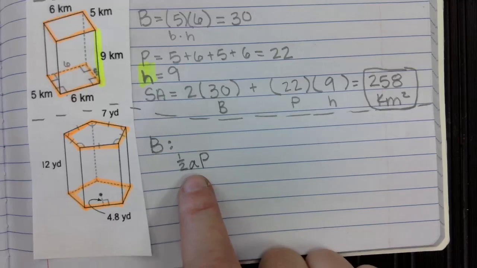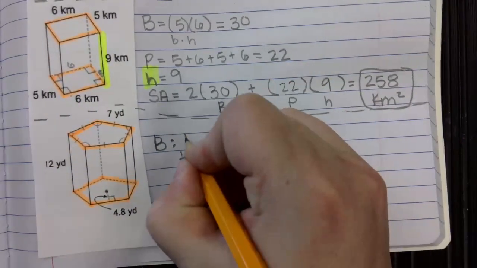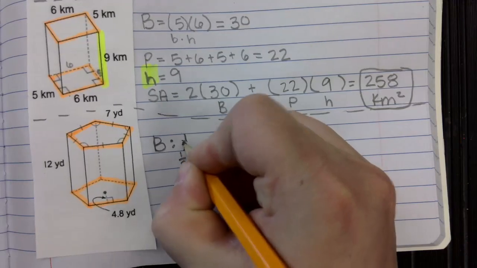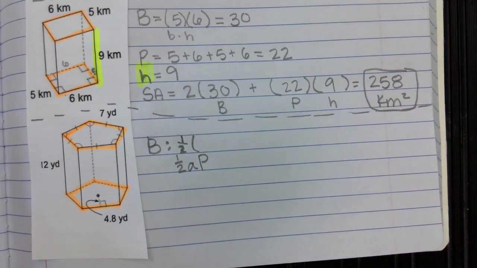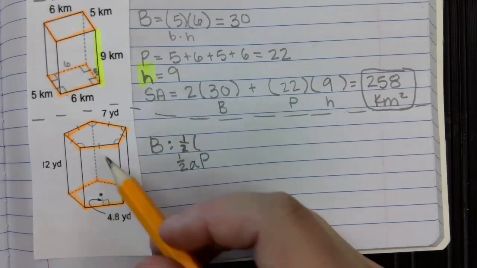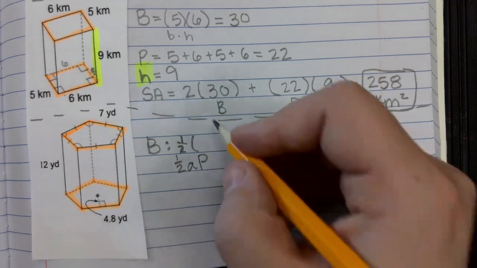Okay. So as I look at my pentagon, I'm going to start with 1/2 times, what's my apothem going to be? Good, it can be either on the top or the bottom because those are congruent, and it goes from the middle to the outside. So that 4.8.